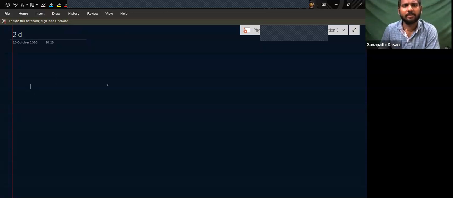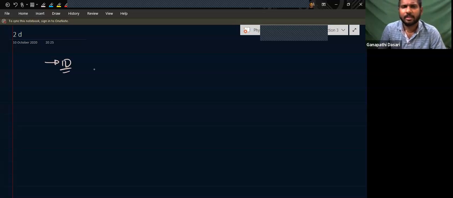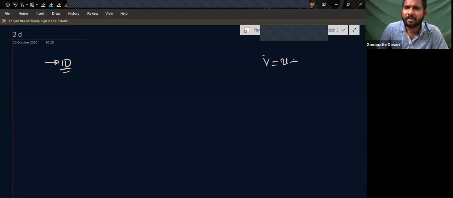In 2D motion, whatever we have learned in 1D will again be applicable here, just extended into 2 dimensions. We learned v is equal to u plus at for constant acceleration.